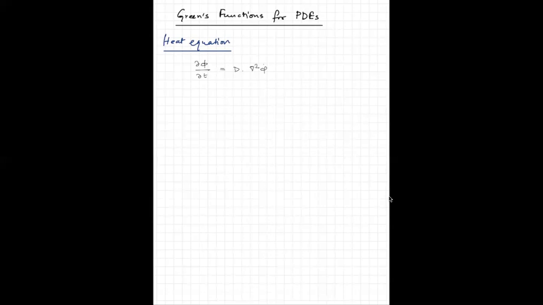So these are the same phi's. So this will be on some R^n times an interval. R^n is for the spatial part and the interval is the time direction.